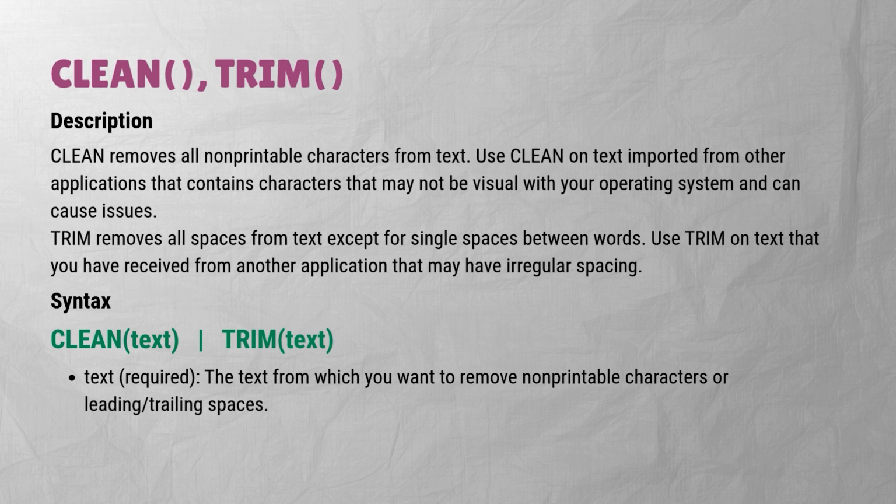And then TRIM is another one. You usually use those in combination a lot of the time. So TRIM takes text again and removes all spaces from the text string except for single spaces between words. For example, if you have irregular spacing in a text that you're getting from a different application, for example, 2 spaces, 3 spaces, it's going to trim all those to 1 space.